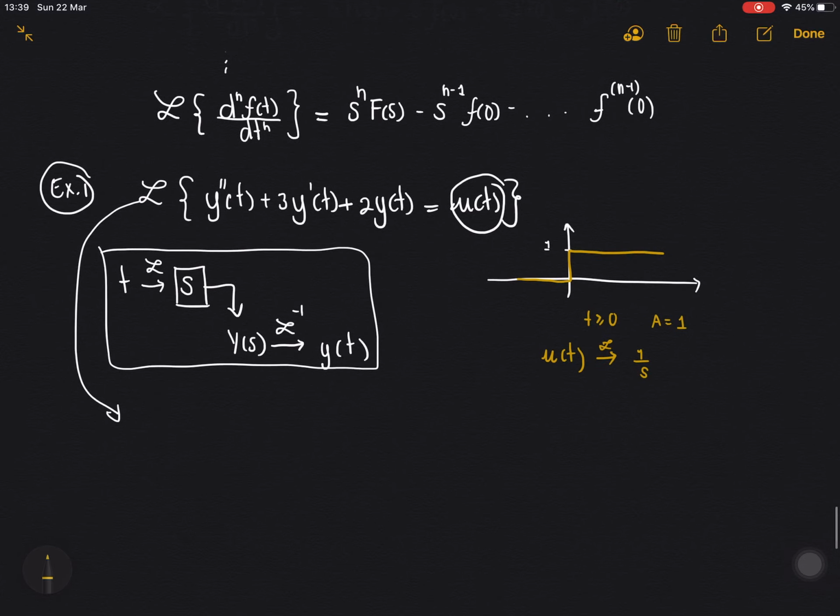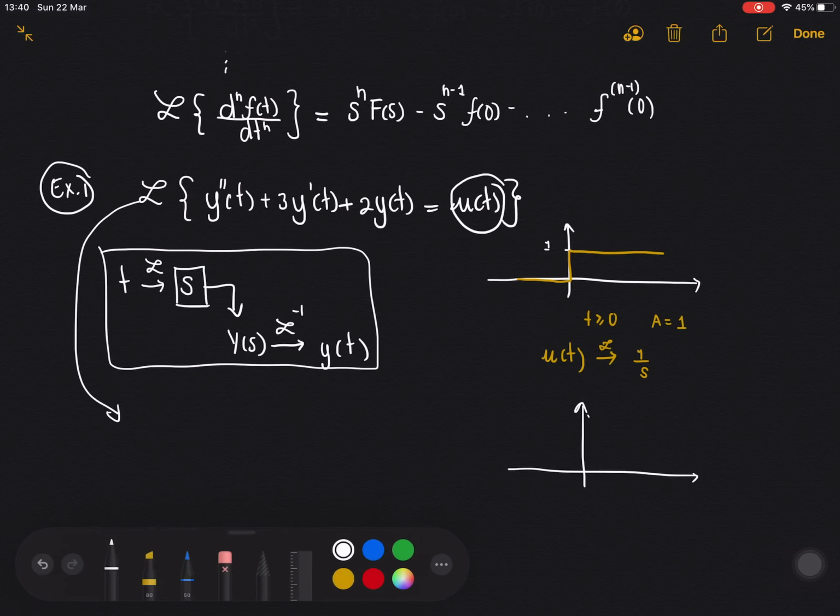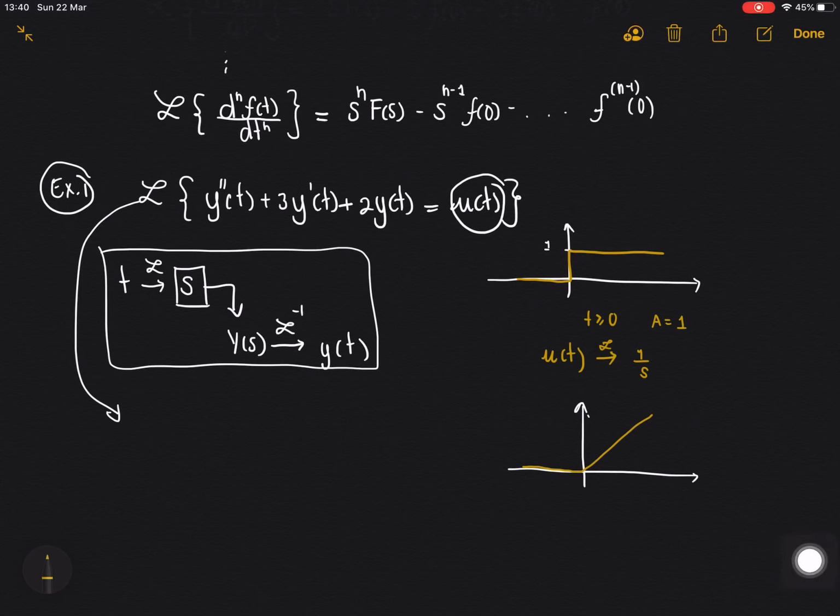But also remember, if you have the ramp function, let's say these ones, an increasing function, it's called the ramp function.